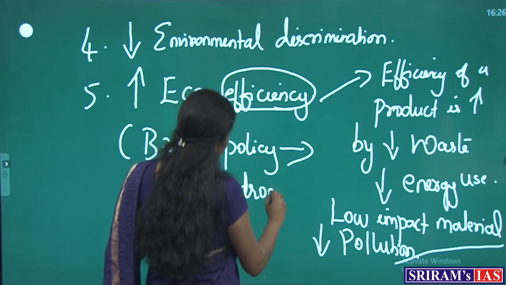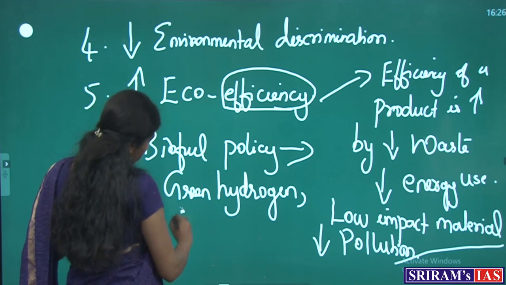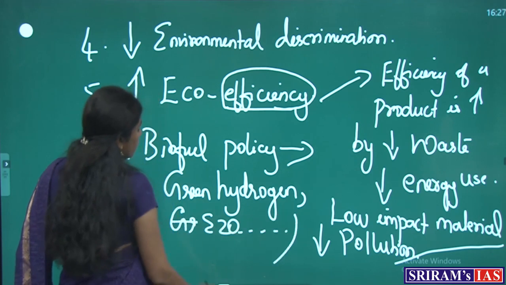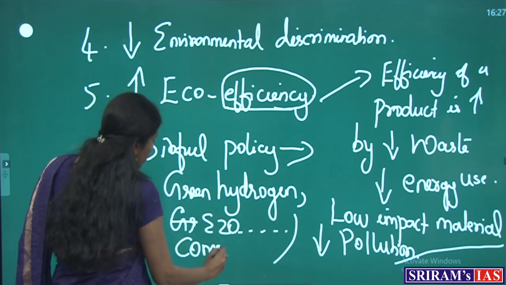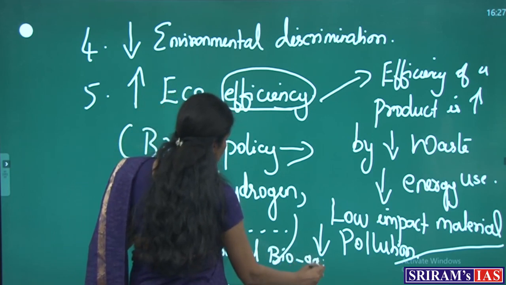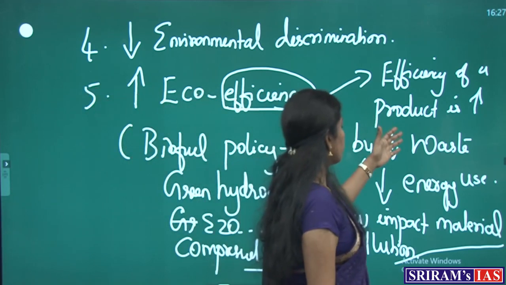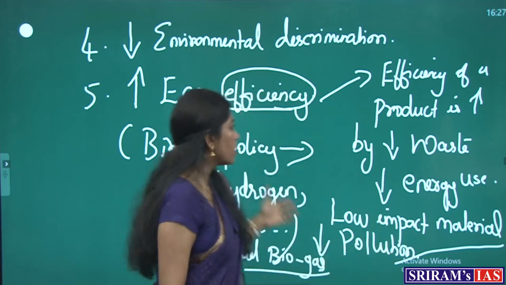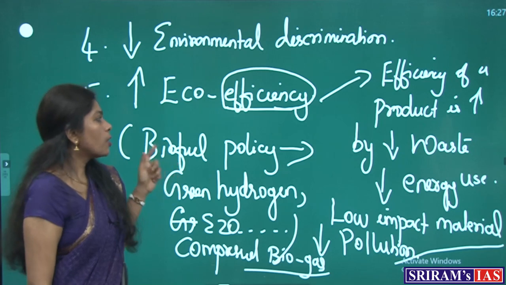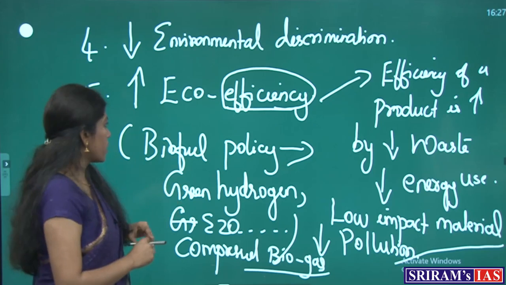Yes, do you remember, we are talking about green hydrogen, the ethanol blending, E20 ethanol blending, okay, like this, even compressed biogas. So, like this we are devising new methods, bio toilets, okay, in order to reduce the waste or use the waste in a product. In this way we are increasing the eco efficiency, and we will not unnecessarily pollute or damage the environment. Instead of that, we are conserving and protecting the environment by producing eco efficient products.